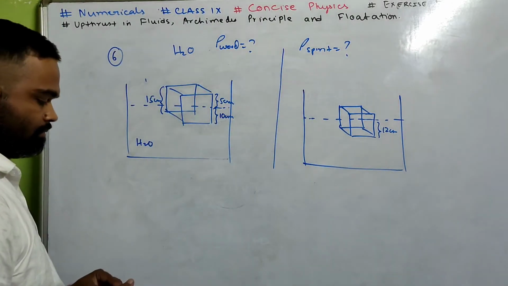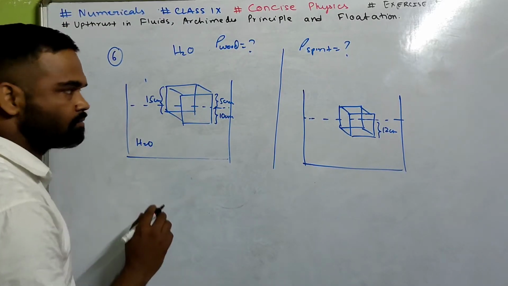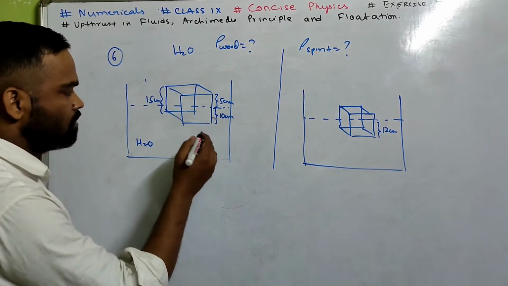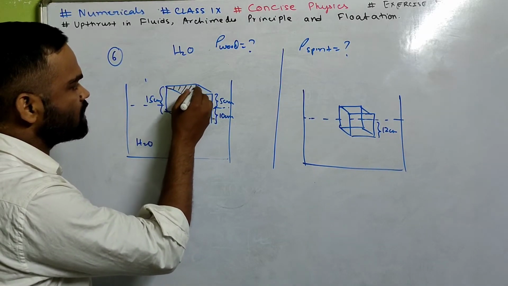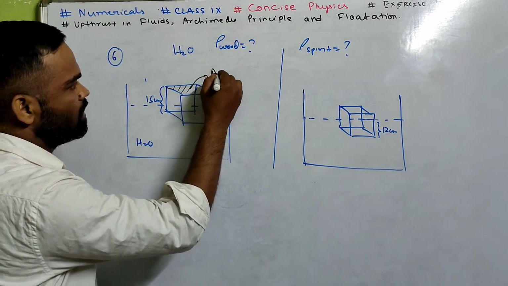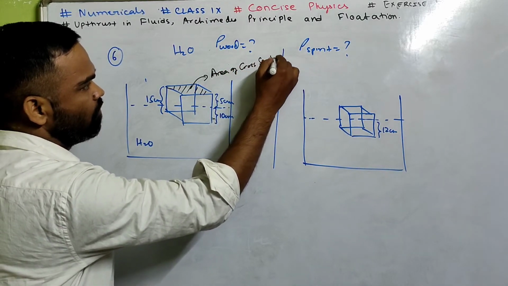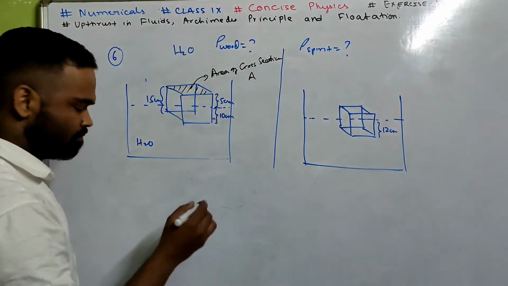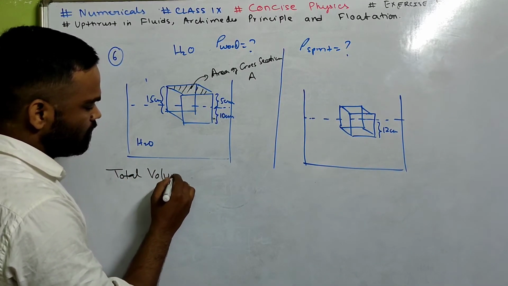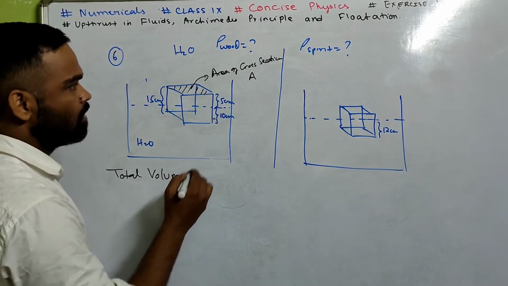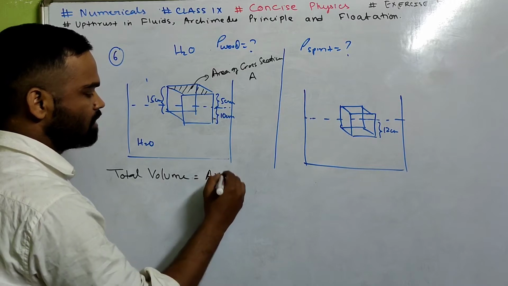Now look carefully. This is water. If I take the area of cross section of this wooden block as A, then the total volume will be area into height, cross section area into height, that is 10.